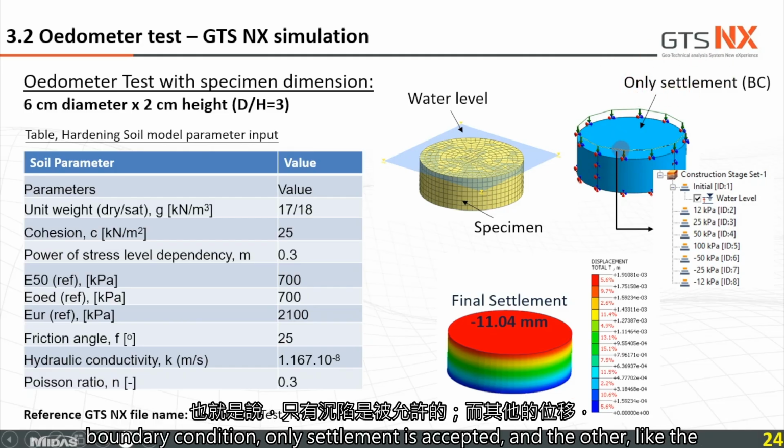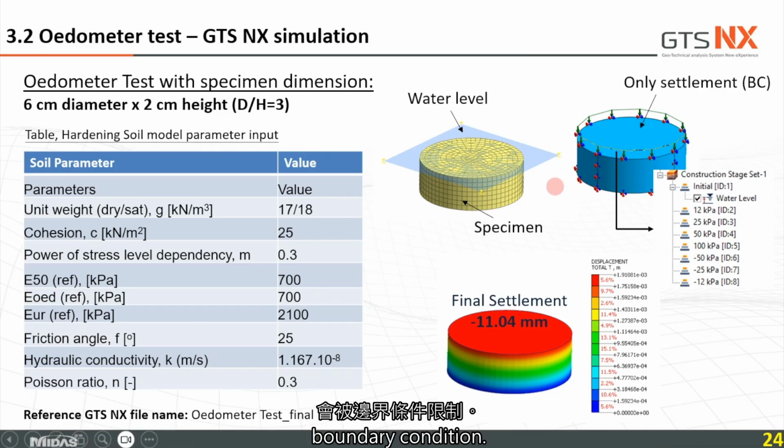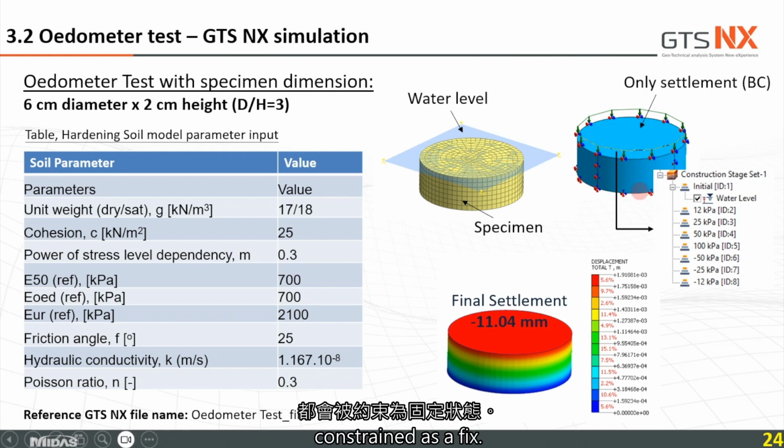Only settlement is accepted, and the movement from the left side and the right side is constrained by the boundary condition. And at the bottom, all of the displacement, even rotation, is constrained as a fix.